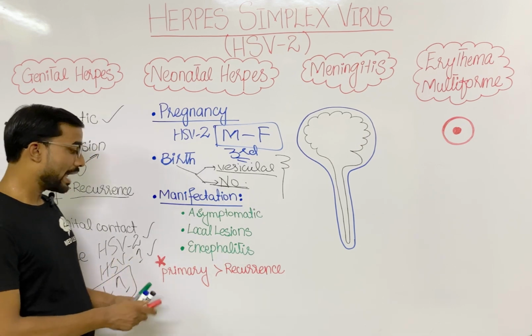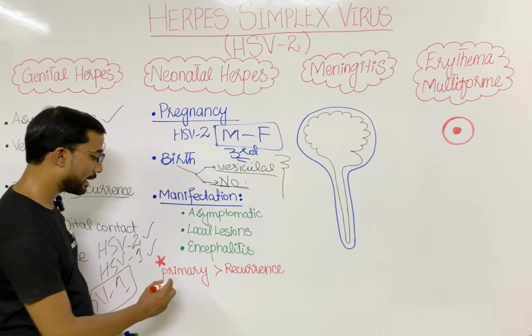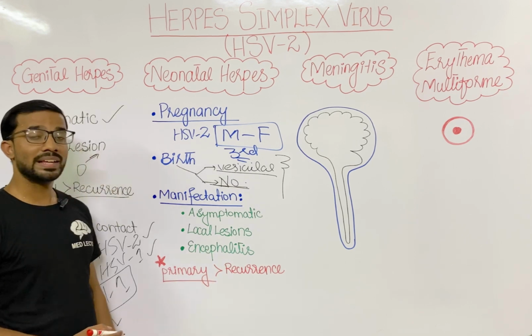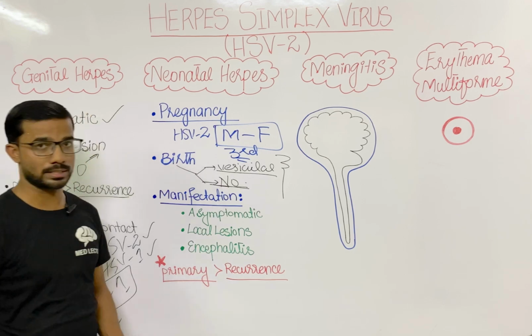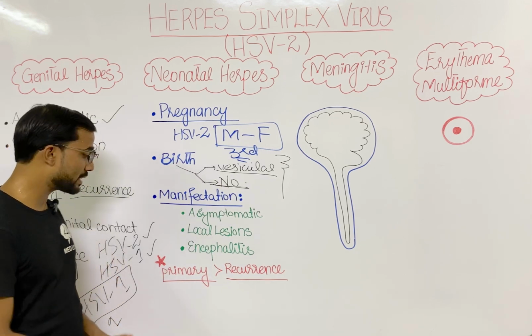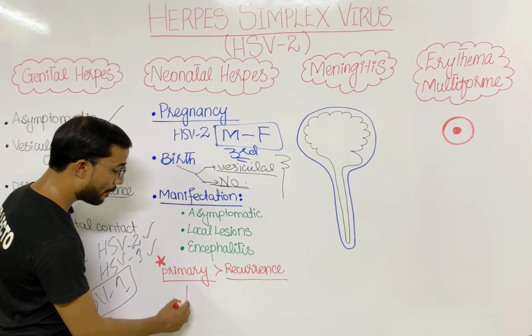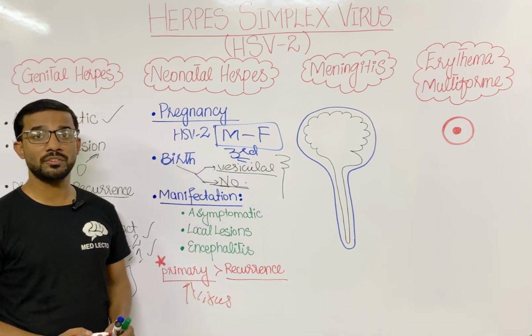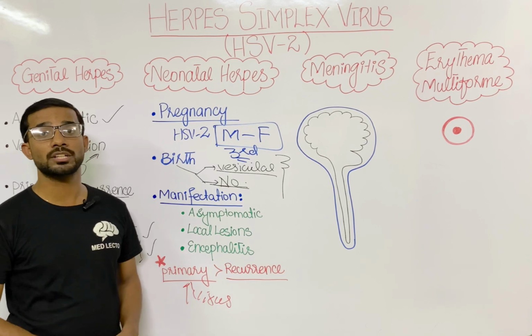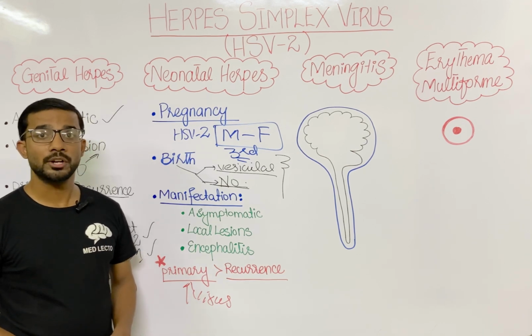Next, if the mother gets the primary infection, it will be more dangerous for the neonate as compared to recurrence. Why? As we have discussed, in the primary stage you will see more production of the virus, and more virus production means more transfer of the virus to the neonate.